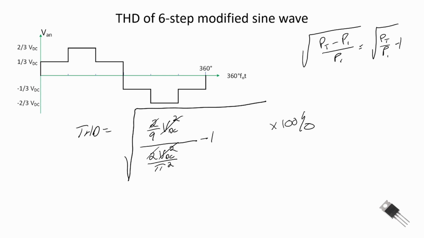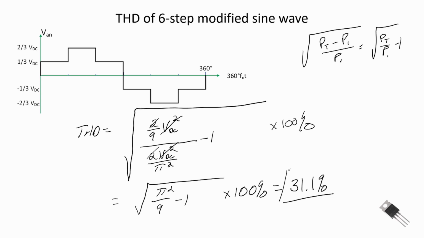And then this pi squared comes up to the numerator. So this is equal to the square root of pi squared over 9 minus 1 times 100%. And if you plug that number into your calculator, you should get 31.1%. And so our total harmonic distortion for the modified sine wave is 31.1%, which is pretty good.